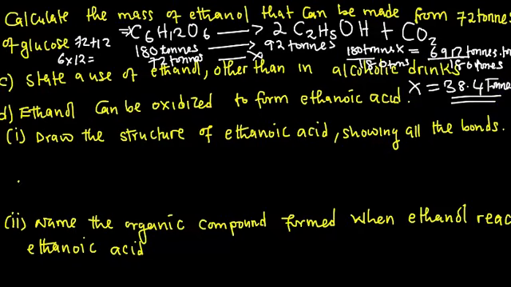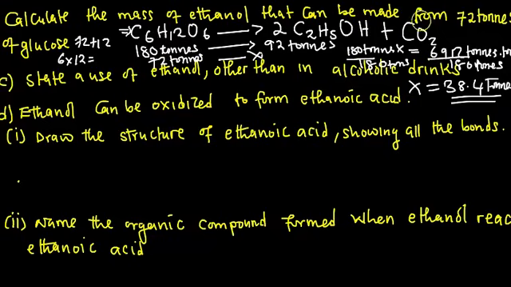So this is the mass that will be produced when 72 tons of glucose was fermented. 180 tons of glucose reacted to form 92 tons. What about 72? 72 is going to give us 38.4. So how do you go about this one? You find the relative molecular mass of this one and you treat it as mass.